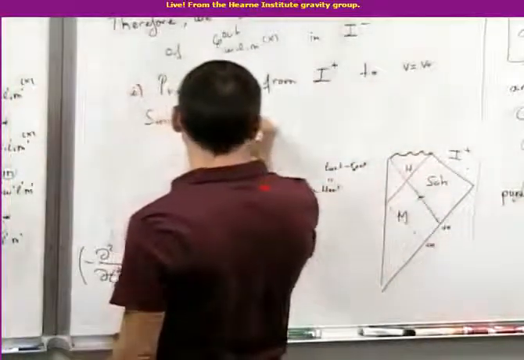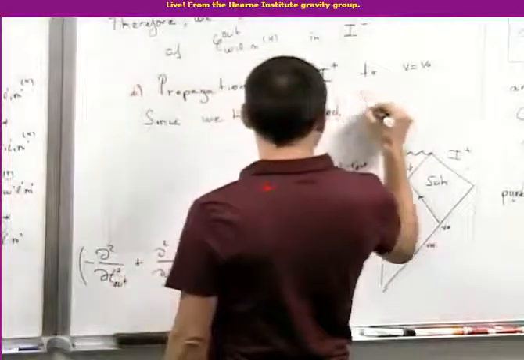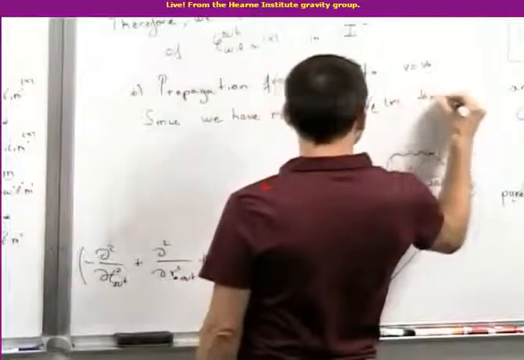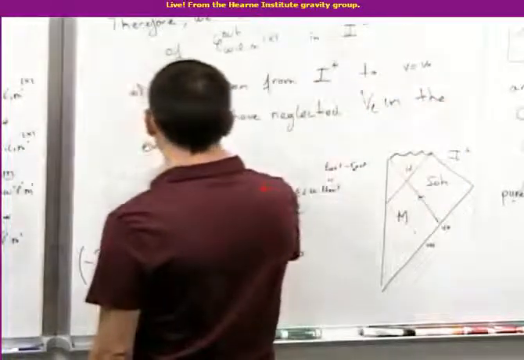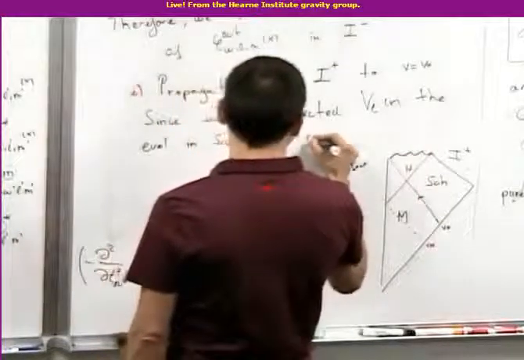Since we have neglected V, the evolution in the Schwarzschild region is trivial.